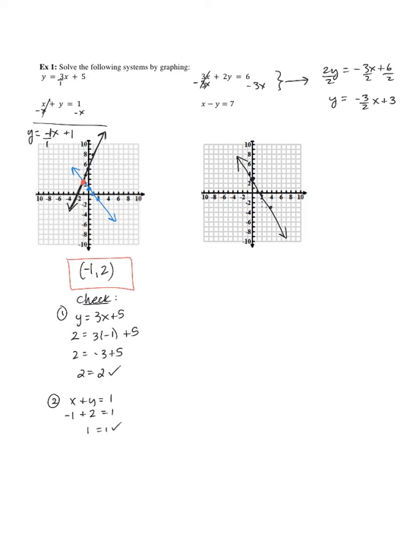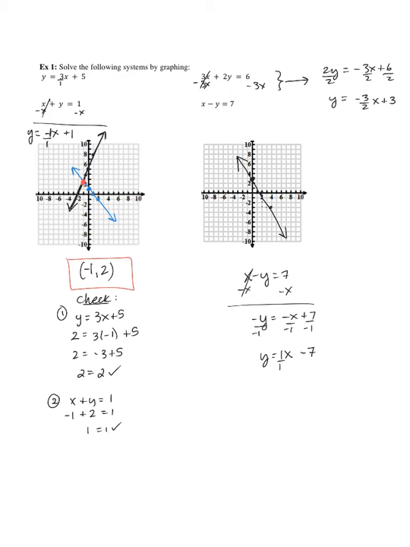Good. On my next one, I've got x minus y equals 7. I'll rewrite that in y equals mx plus b form as well. So negative y equals negative x plus 7, and divide everything by negative 1. So we've got y equals a positive x minus 7. The slope here is 1, or 1 over 1.